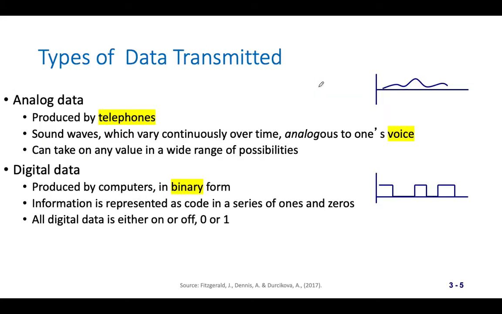So how do you transmit the data? We transmit the data usually either in terms of digital data, which has a lot of advantages. We transmit the data in terms of 010101.